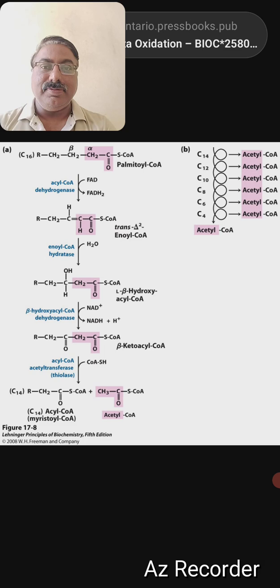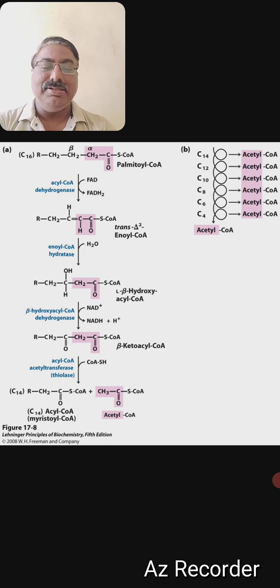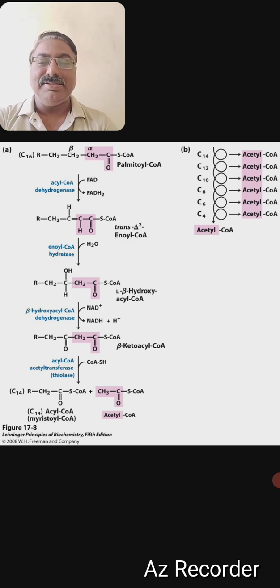So from palmitoyl CoA you get a fatty acid with 14 carbon atoms at the end, and one acetyl CoA is removed. So this is one round of beta oxidation in which one acetyl CoA is formed, one FADH2 is formed, and one NADH plus H plus is formed, and the fatty acid chain is reduced by 2 carbon atoms, and you get formation of myristoyl CoA from palmitoyl CoA.